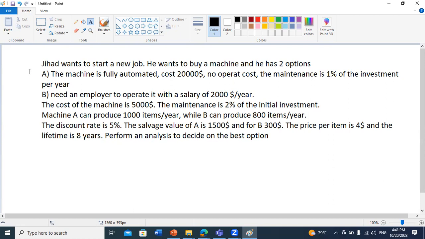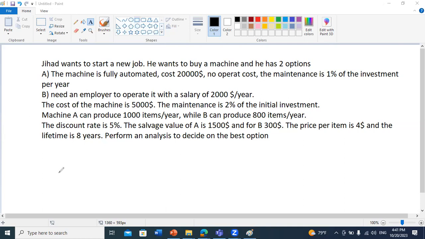So first, we should express the net present value as a function of the internal rate of return. We know that the internal rate of return is the rate for which the NPV at year end will be equal to 0. So we need to express the net present value as a function of the rate.